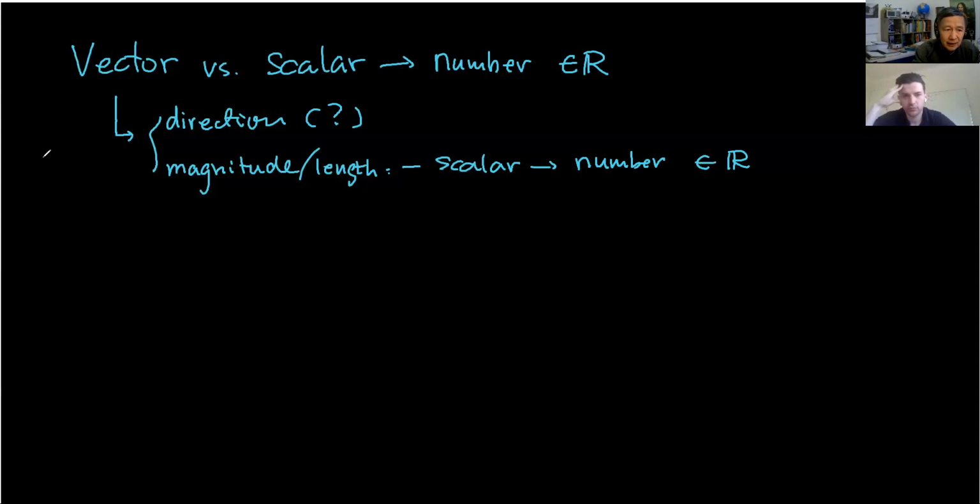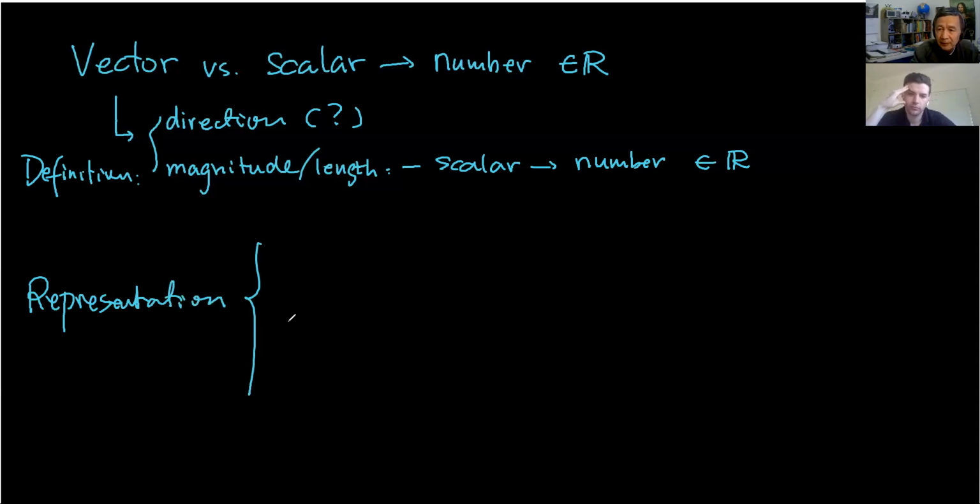So this is a definition of a vector, and another issue is its representation. In other words, how to describe a vector is the important issue we have to discuss.